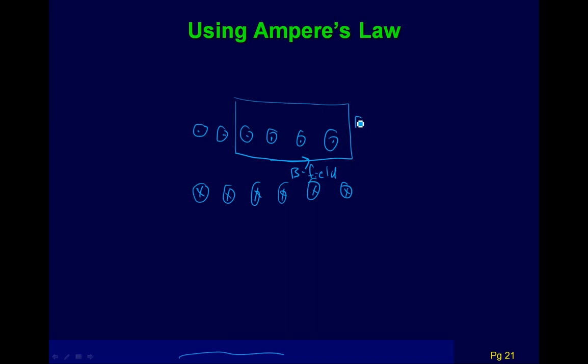The B field everywhere else we're going to say is basically 0, because for a solenoid, the B field anywhere else is pretty weak. And so if I do my Amperian loop, I get the integral of B dot ds equals μ0 times the current enclosed. Now remember, the B dot ds is just the B field times the length whenever it's 0 degrees. And right through here, it's 0 degrees between the loop and the B field.